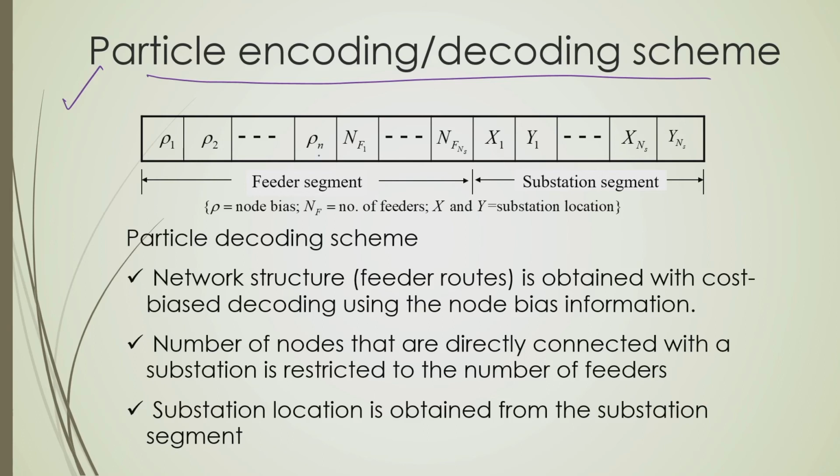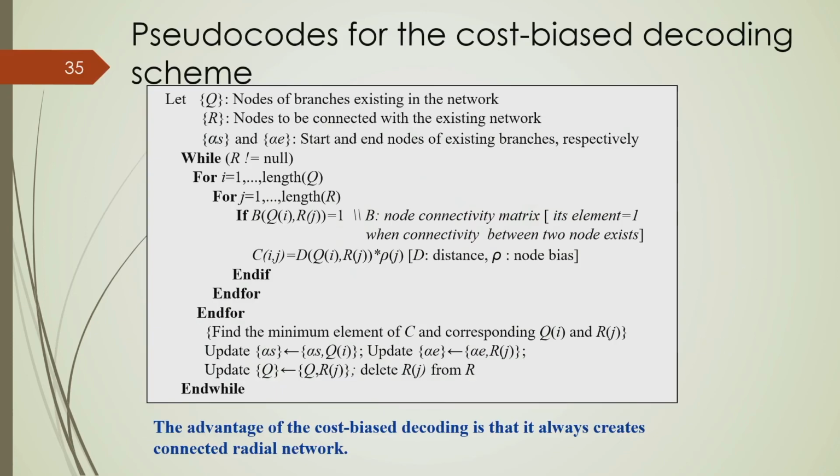Each of the nodes that need to be connected to the new network will have a bias value, and this bias value will be updated iteratively. From this bias value, with a suitable decoding scheme mentioned here, called the cost bias decoding scheme, we get the total network topology or structure of a network, and that will make your radiality constraint satisfied. Okay. It always gives a radial network.